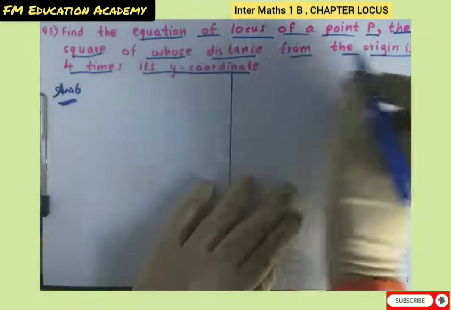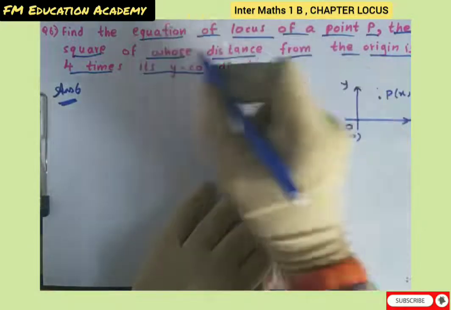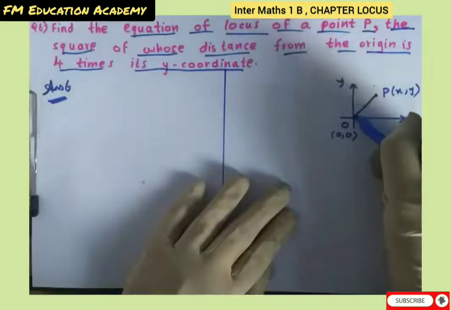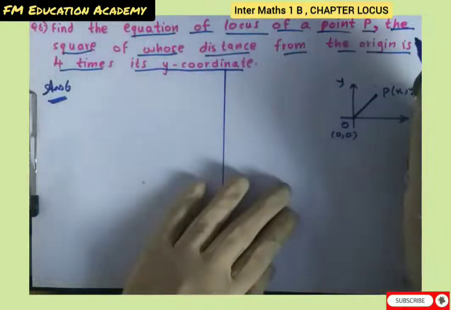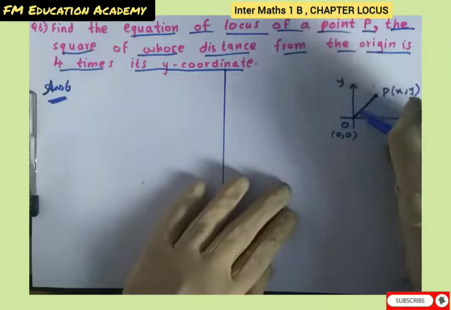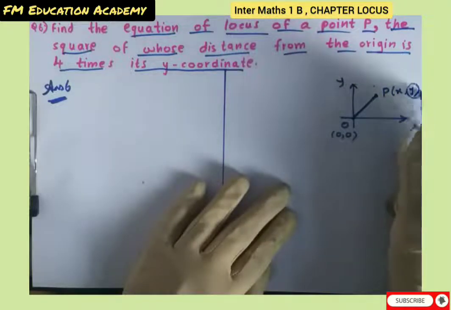There is a point P x, y, and we need the equation of locus of this point P. The square of this OP is nothing but 4 times the y coordinate.